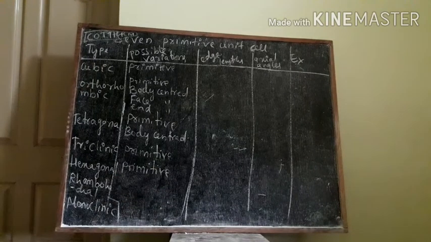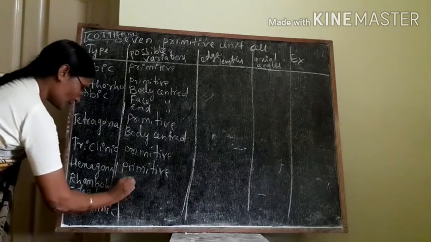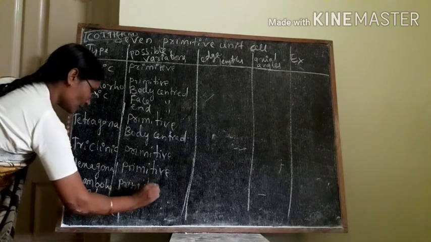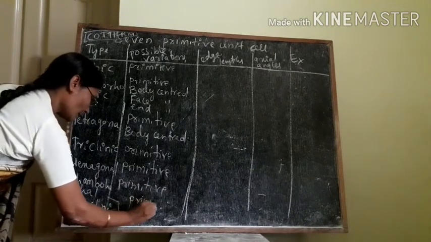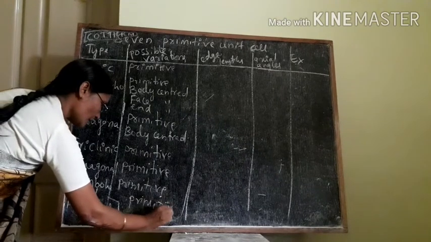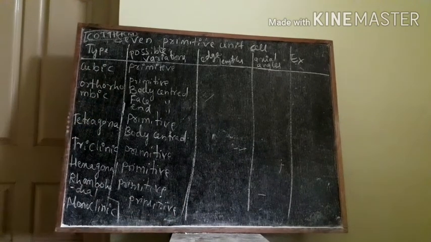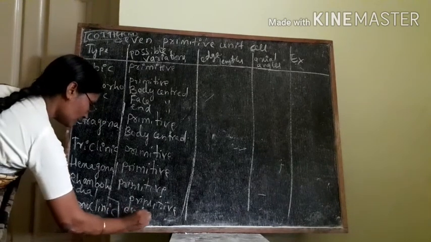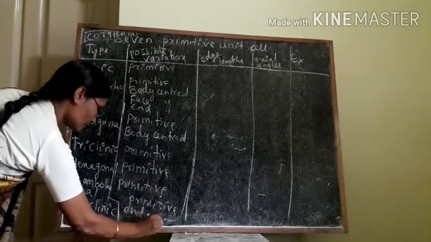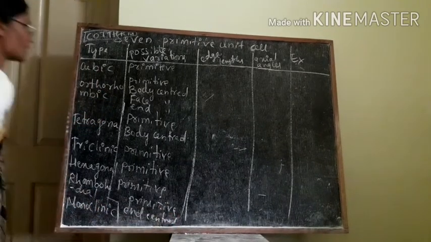Rhombohedral: primitive. Last is monoclinic: primitive and end center. Okay.